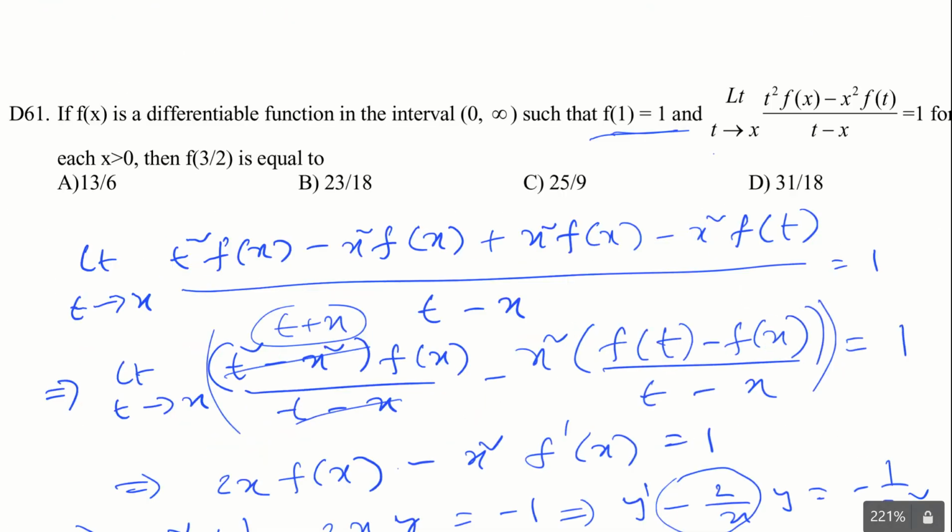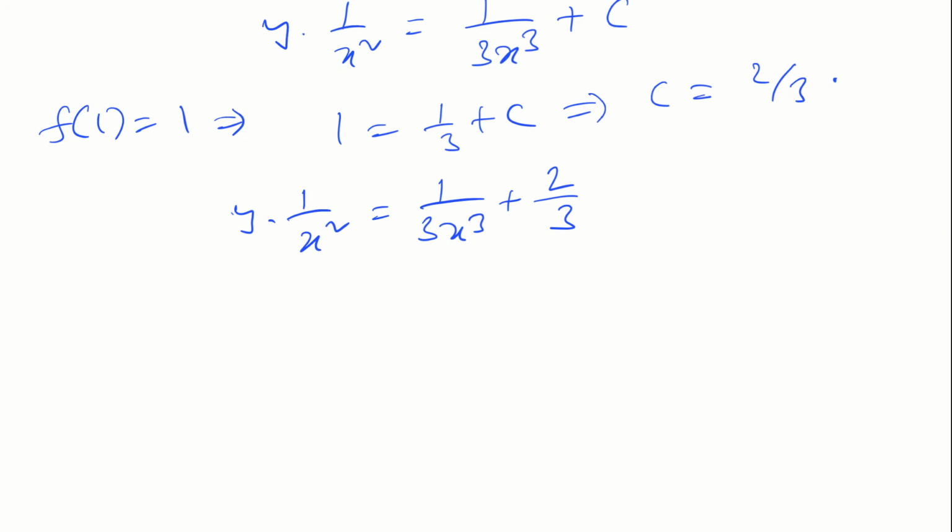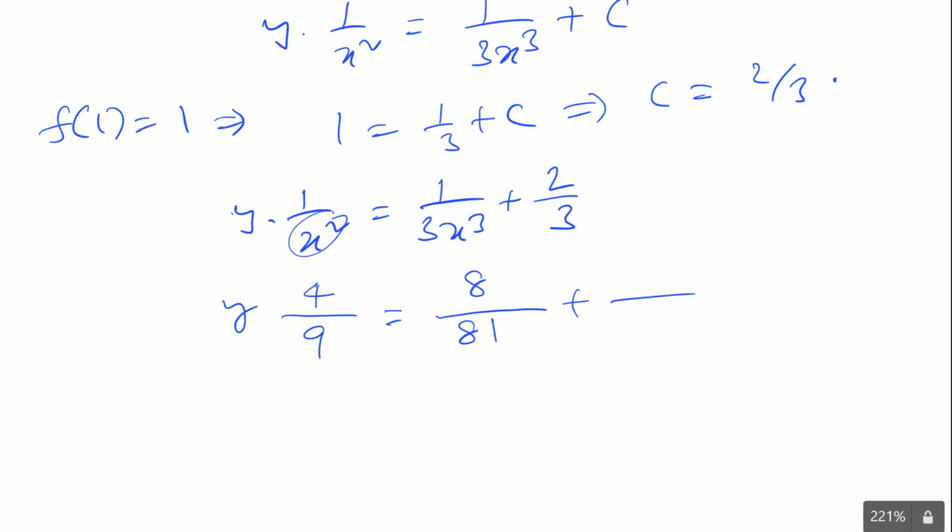Now he is asking for f of 3 by 2. So in the place of x now I write 3 by 2. So it is y, here if I write 3 by 2, I will get 9 by 4 is equal to, here if I write 3 by 2, that's 8 by 81 plus 54 by 81.